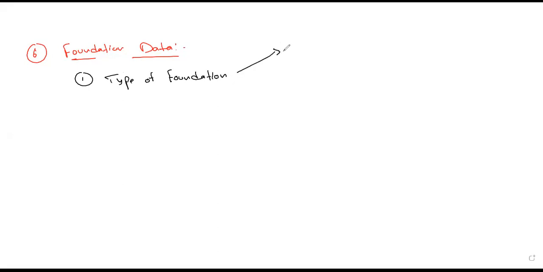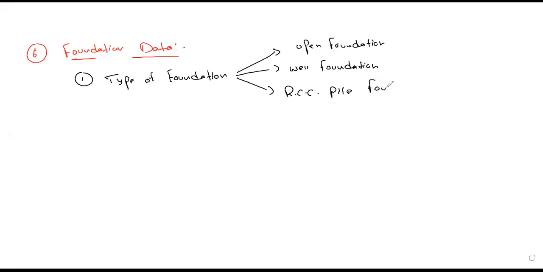Whether it is an open foundation, whether it can be a well foundation, and whether it can be an RCC pile foundation. These are the different types of foundations which we have. You have to make sure of this before designing the bridges. Clear? Open foundation, well foundation, RCC pile foundation.